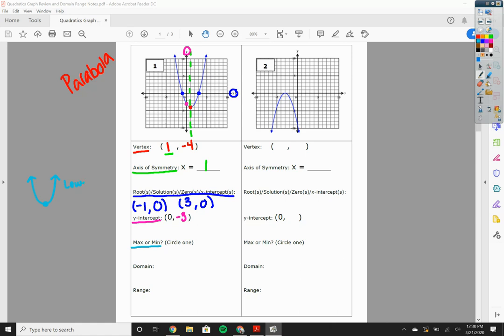It has a lowest point, which means it is a minimum. Or if it looks like this, with the vertex up top, that has a highest point. So that would be a maximum.